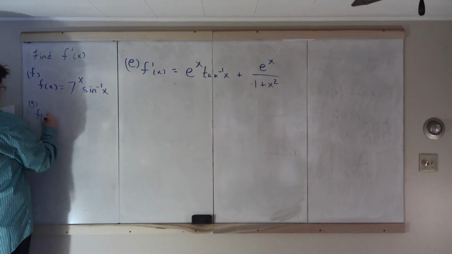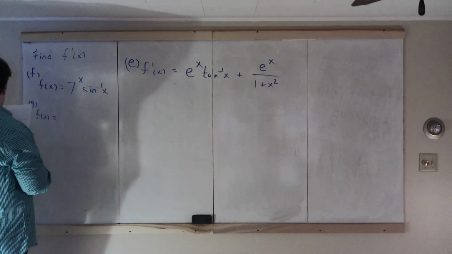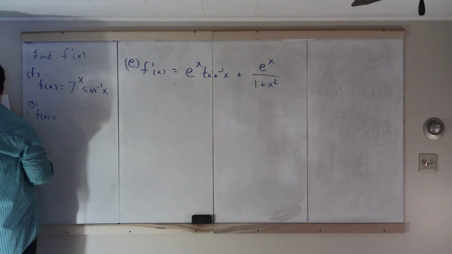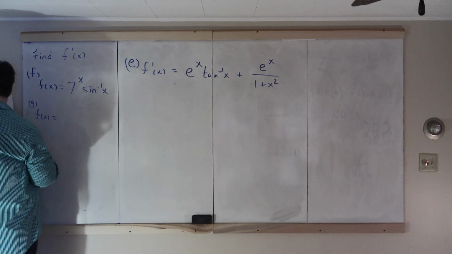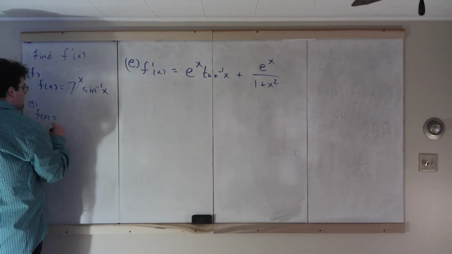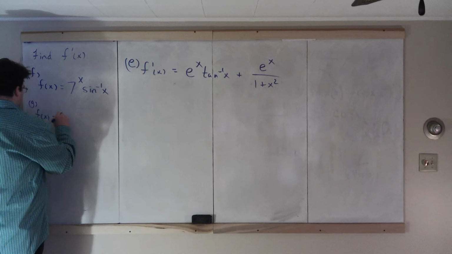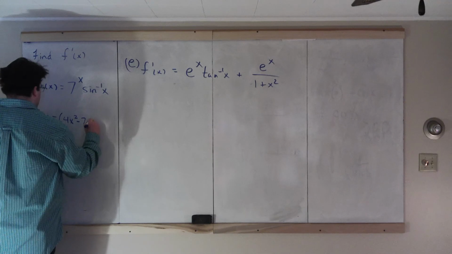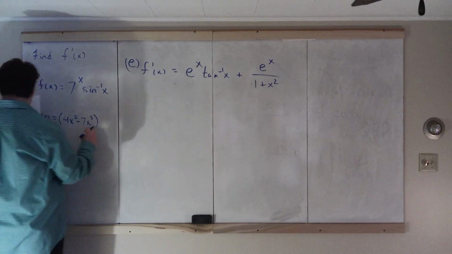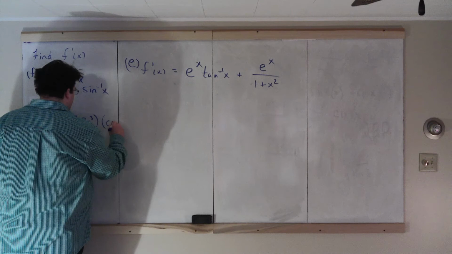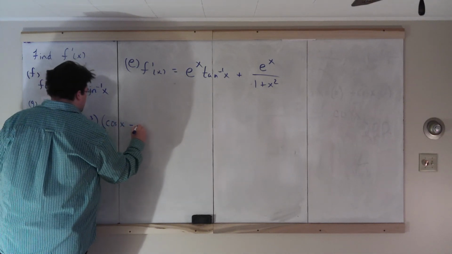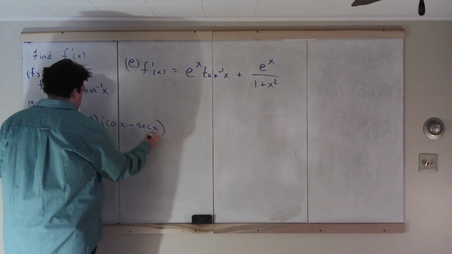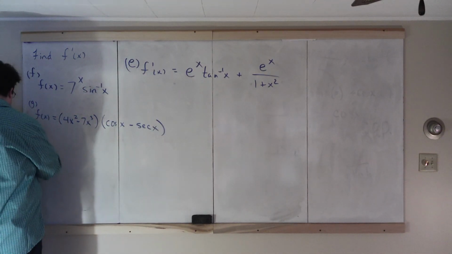G: 4x squared minus 7x cubed times cosine x minus secant x. And let's do one more after this, H.